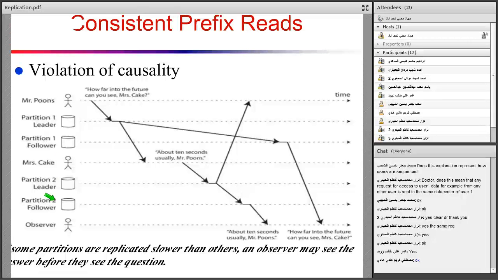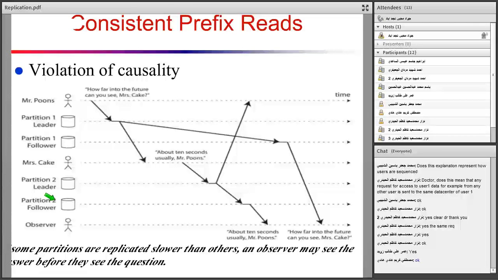Again, Mr. Poons and Mrs. Cake want to talk about a specific topic. I don't know, it's not important.